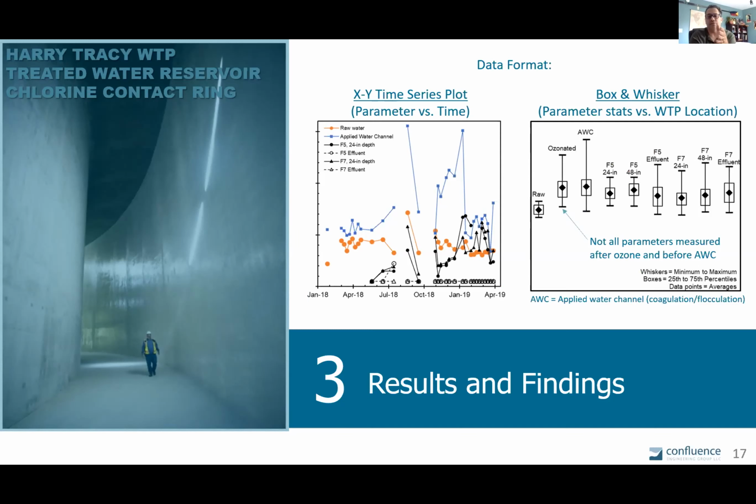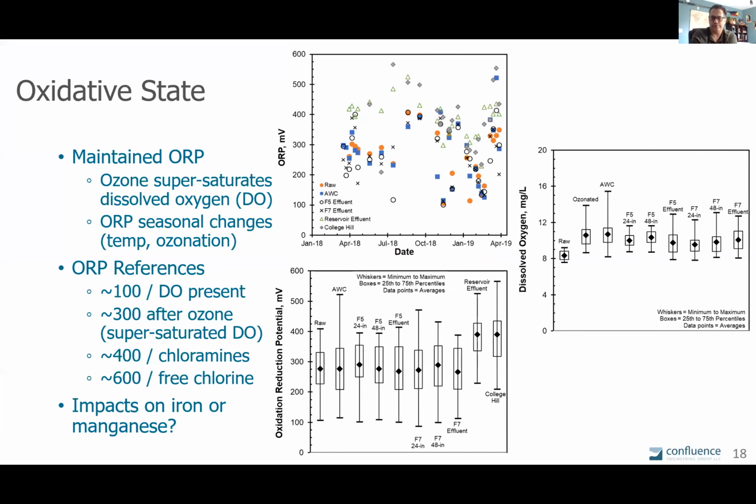You can see the raw water, ozonated water, the AWC (applied water channel) when we have water for that, and then the different filter depths: we have filter information for 2 filters, 5 and 7, at 24-inch and 48-inch, as well as the effluent and the distribution system. I just wanted to orient you on those graphs.